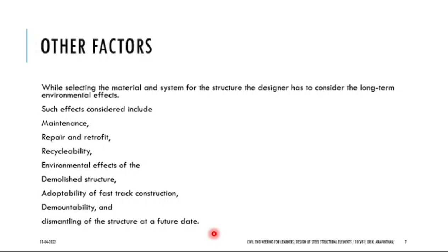That is what I gave you as an example called the 3 bricks: hollow block, fly ash and red brick. So the designer selects which material to use for the construction. While selecting your material, you should select one that is environmentally friendly, and after its lifetime also that structure should be capable of recycling.